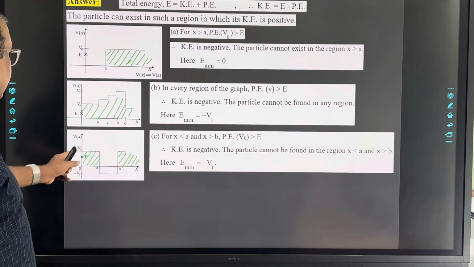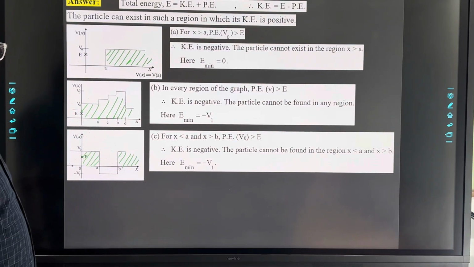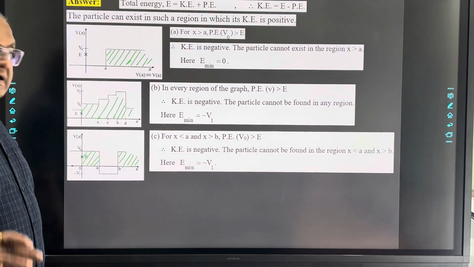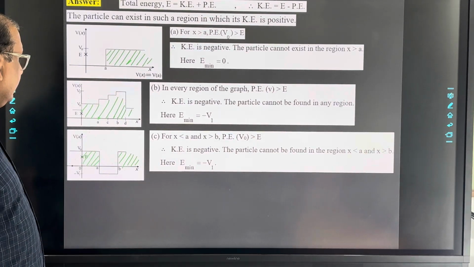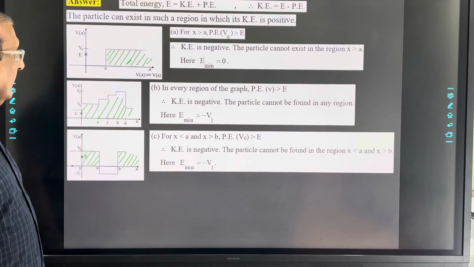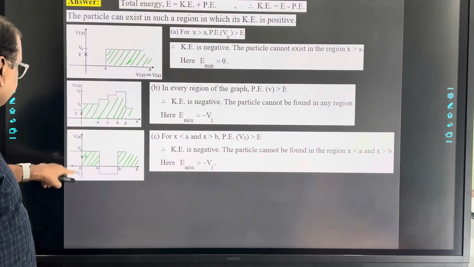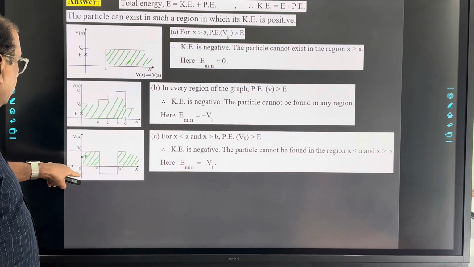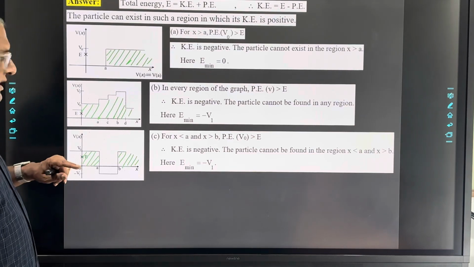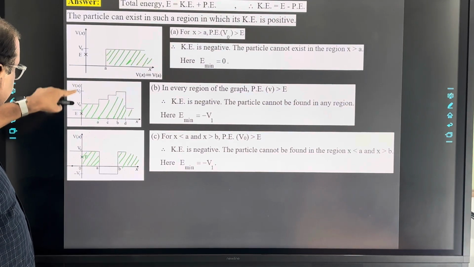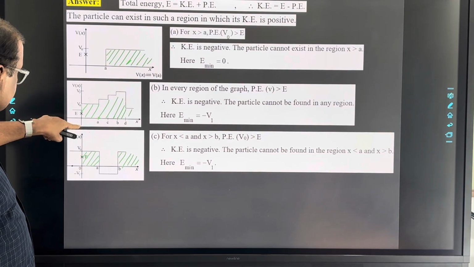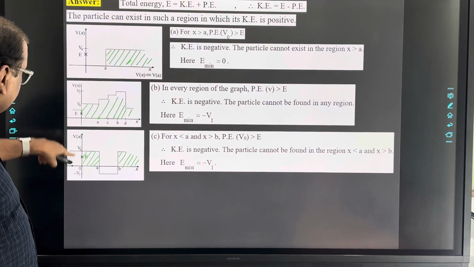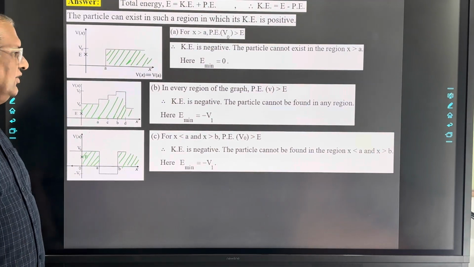Okay, kinetic energy will be negative, so the particle cannot be found in these regions, right? And E minimum should be equal to minus V1. Actually, see here there is a printing mistake in this graph also. On this side, like this, there is minus V1. Keep this thing in your mind.